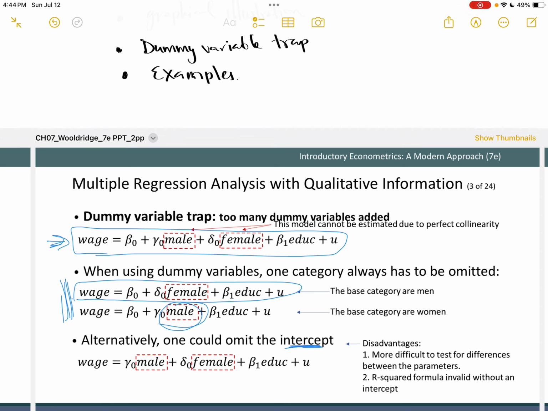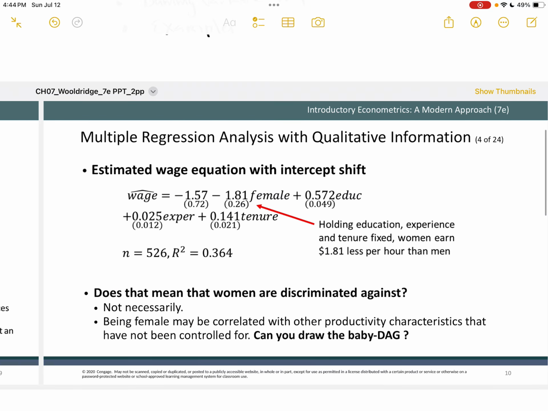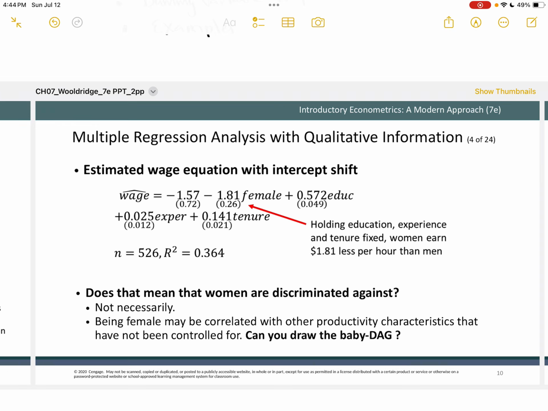Now, one could omit the intercept, but if you do that, it's difficult to test for differences between the parameters, and your R squared is not valid anymore without an intercept. How do we interpret the estimated coefficient on the dummy variable? Well, right here we have delta 0 equal negative 1.81. How do we interpret that?